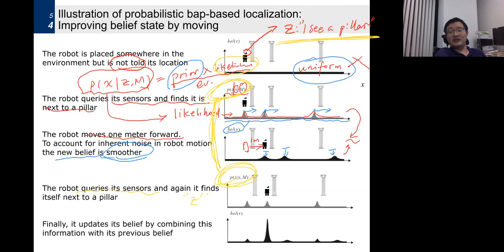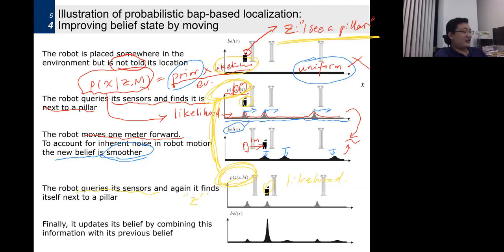It is again P of Z given X and M. This likelihood will not change. The actual position of the robot changes, since it moved 1 meter forward, but the shape of the likelihood does not change.